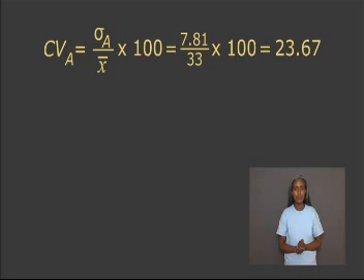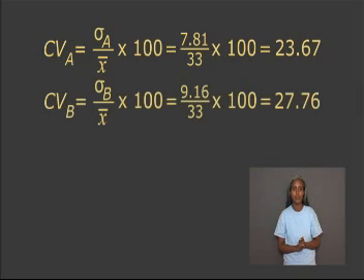For shop A, the coefficient of variation is 23.67. For shop B, the coefficient of variation is 27.76.